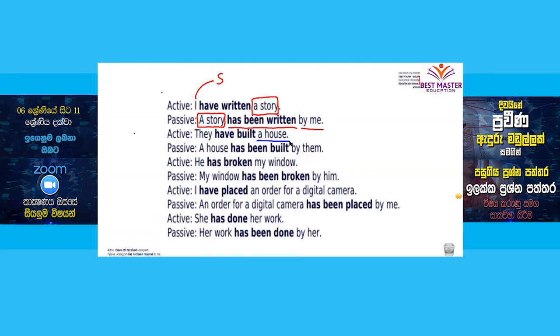I have placed an order for a digital camera. What is the object here?